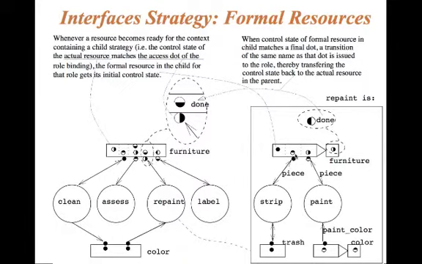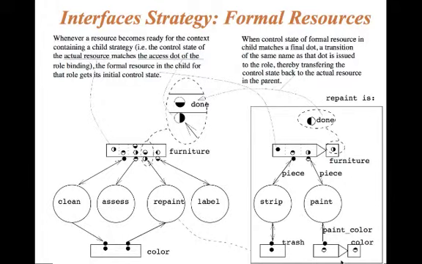When this strategy, which is called repaint, is put into a context in another strategy, well, look at that. It has two roles, and one is bound to furniture and one is bound to color here. And so the content state of this actual resource is basically equivalent to the content state of this formal resource, and same with color when that's activated.